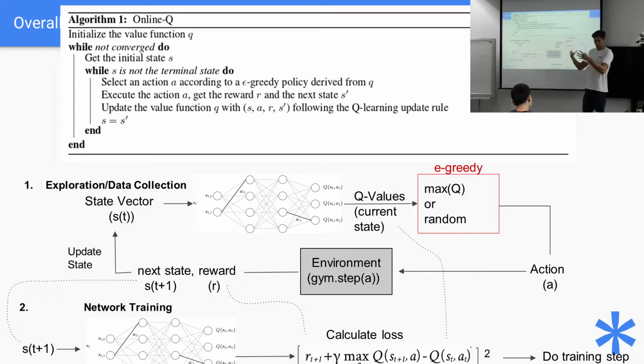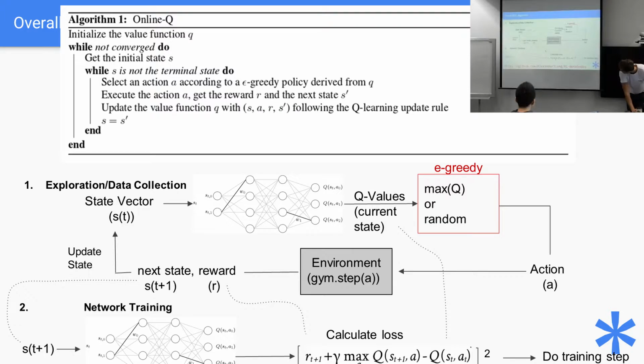We reset our environment, we get our first state, we take a step, put in some action according to our iterating policy, execute the action, get the reward, and go to the next state. So these two lines here are our exploration policy in that top loop. And then we do our value function update with our (s, a, r, s') pair, which is our bottom step here in network training. And then the last thing we have to do is, our current state becomes the next state we generate. And we move through. I'll leave this up here while we do this one.